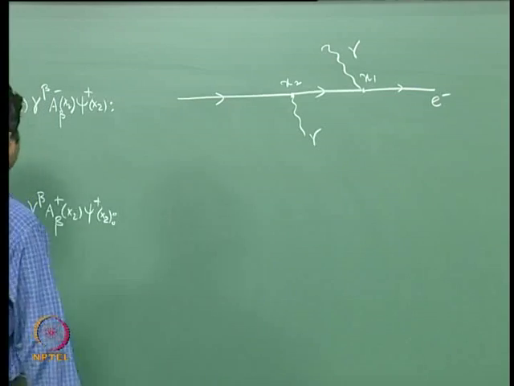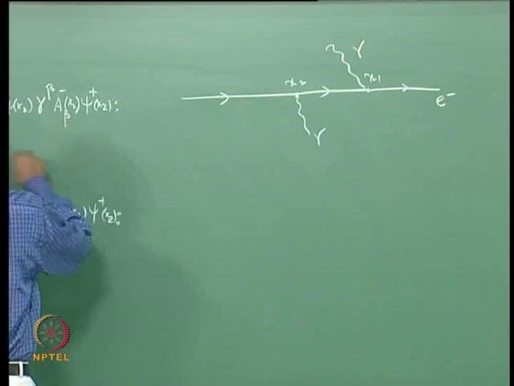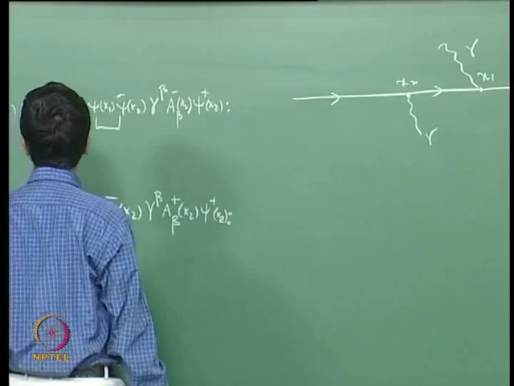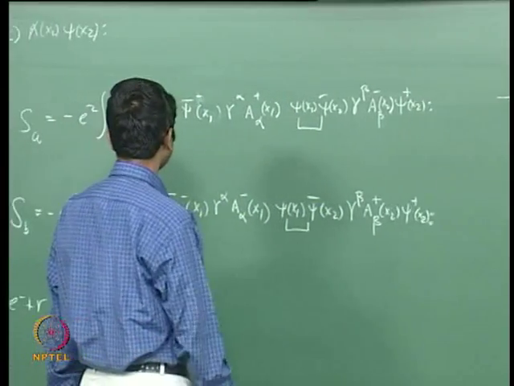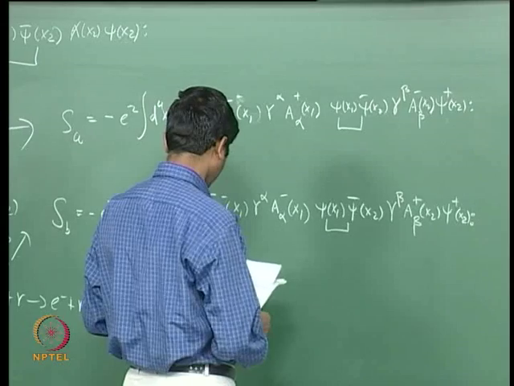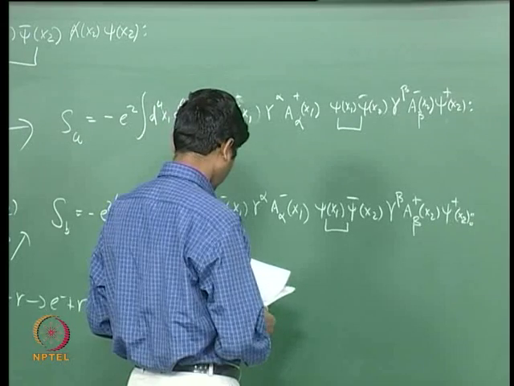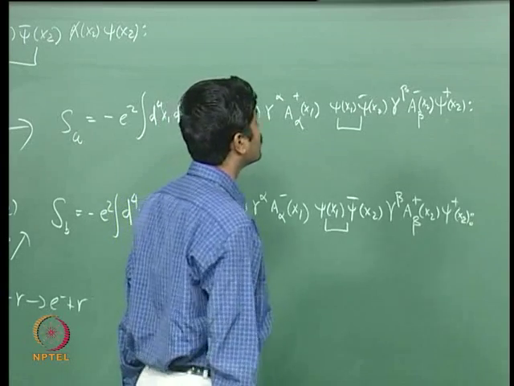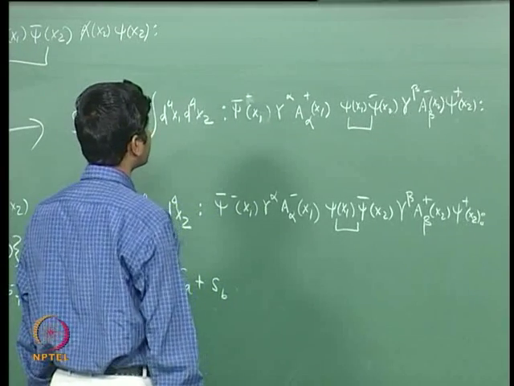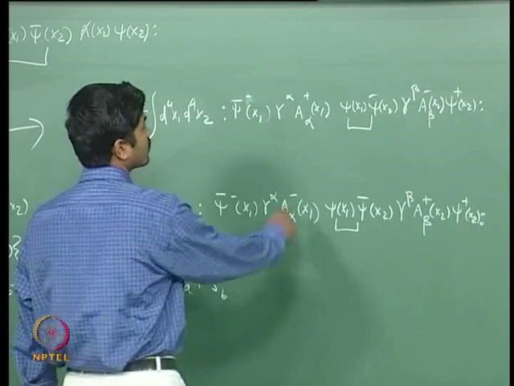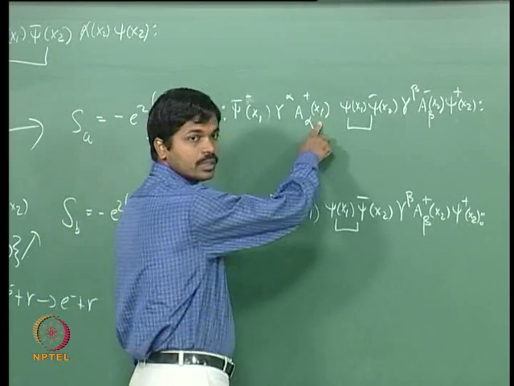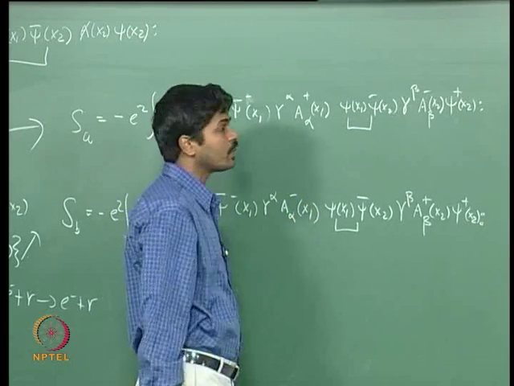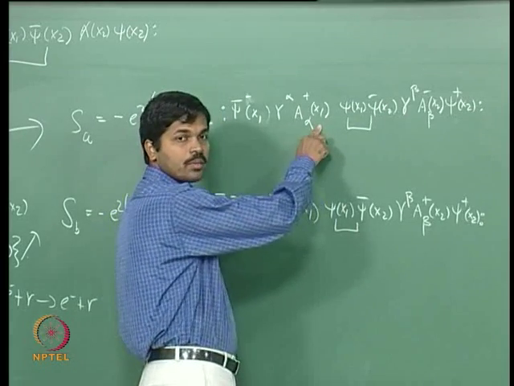So let us look at A plus of x2. A plus of x1 here, for example, indicates annihilation of a photon at this space time point x1.